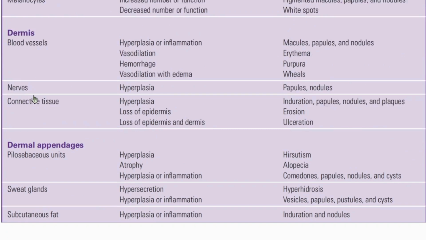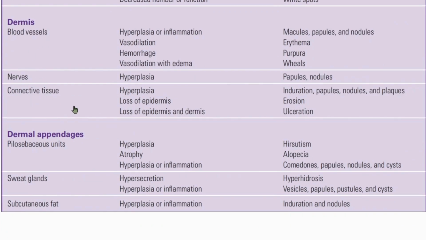In the dermis, we have blood vessels, nerves, and connective tissue. In hyperplasia or inflammation of blood vessels, we can see macules, papules, and nodules. In vasodilation of blood vessels, we can see erythema. In hemorrhage of blood vessels, we can see purpura. And in vasodilation with edema, we can see wheals.